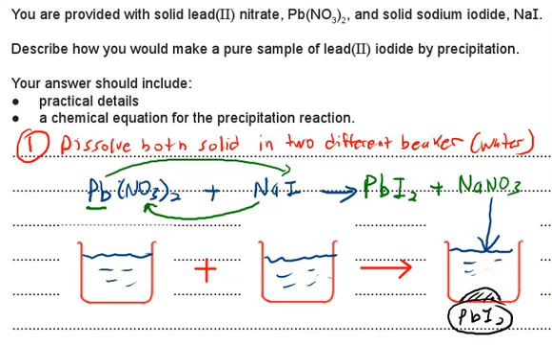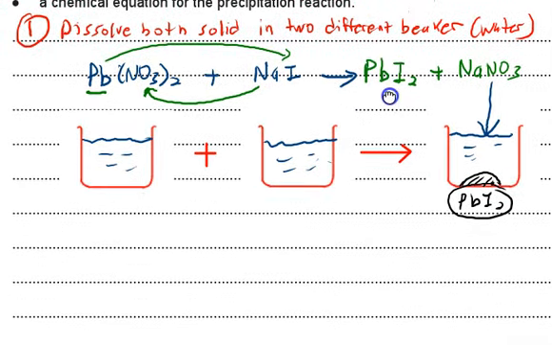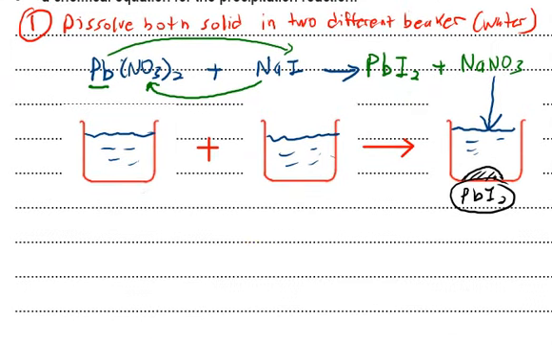Now they are asking us to make a pure sample of lead 2 iodide by precipitation. The next process over here is we have to filter it and obtain the residue. The residue is the plumbum iodide.